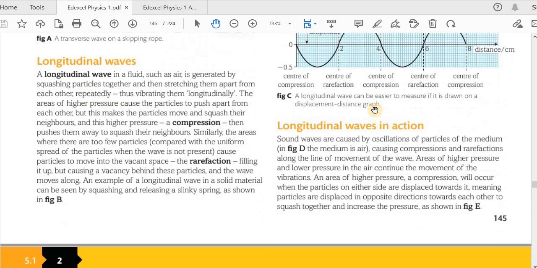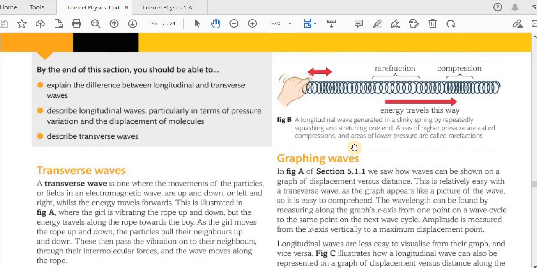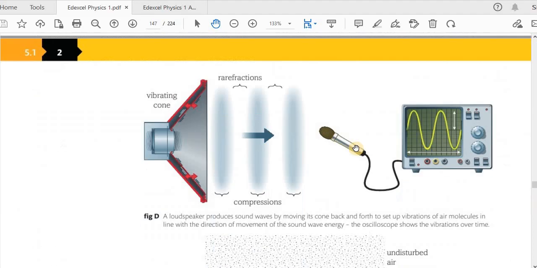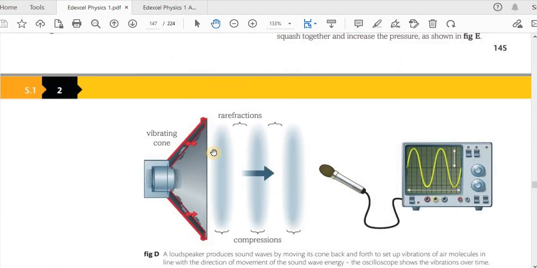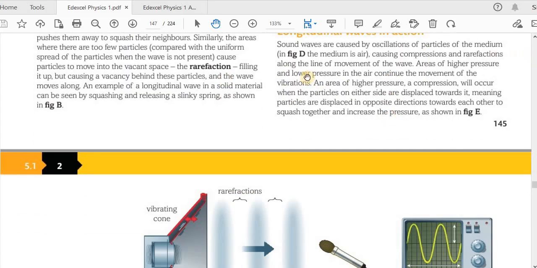Longitudinal waves in action. Sound waves are caused by oscillations of particles of the medium, as in figure D. The medium is air, causing compressions and rarefactions along the line of movement of the wave.